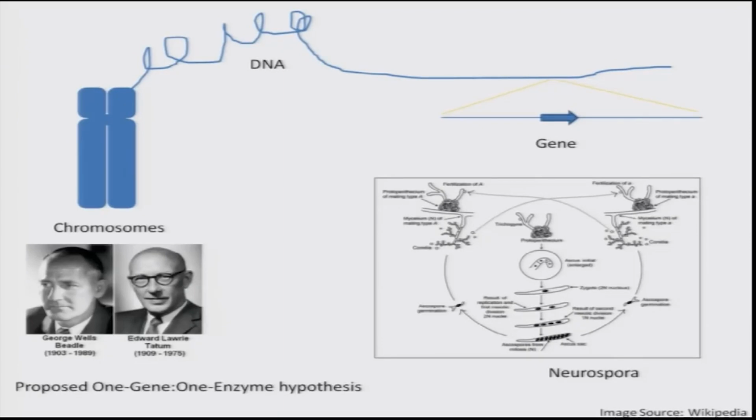Both of them were trained in Drosophila, and they knew all the genetics that we discussed some time back, but they felt you have to go deeper than looking into just chromosomes and looking at the next generation, what the phenotype is. We have to understand how whatever is there in the chromosome dictates how the organism, the fly for example, behaves or what phenotype it has.